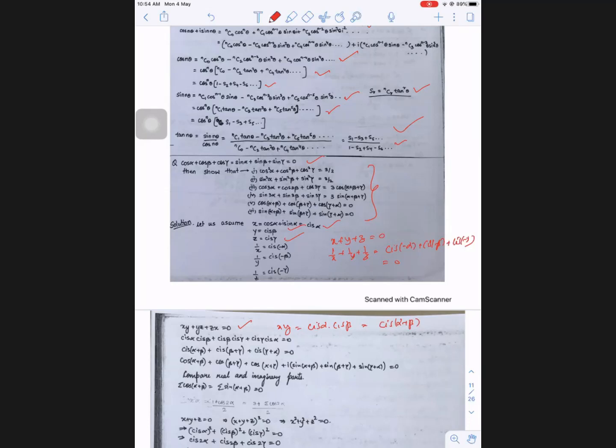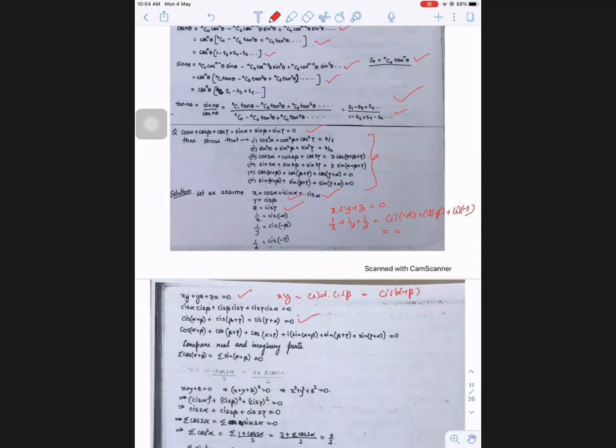So we get cis (alpha plus beta) plus cis (beta plus gamma) plus cis (gamma plus alpha) equal to 0. If you equate the real and imaginary parts, you will get cos (alpha plus beta) plus cos (beta plus gamma) plus cos (gamma plus alpha). The last two results, the fifth and sixth questions, both you will get.